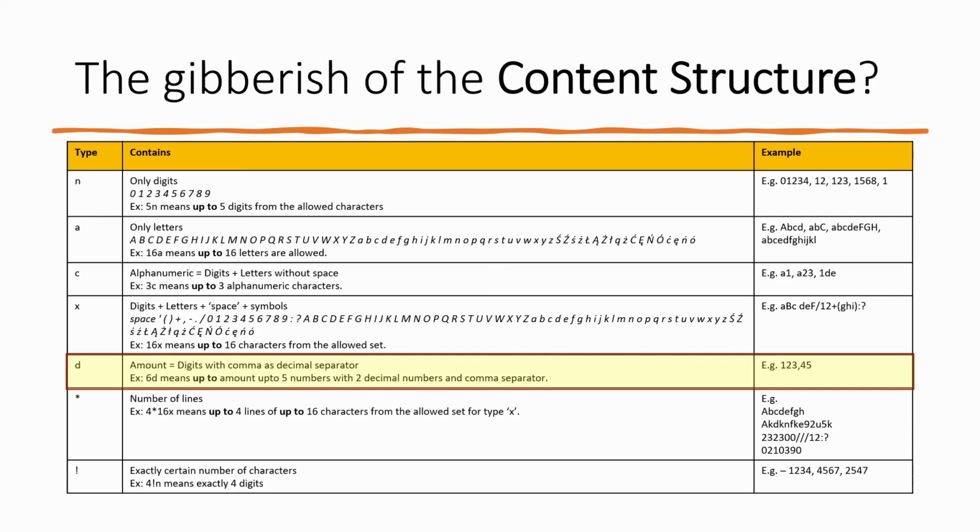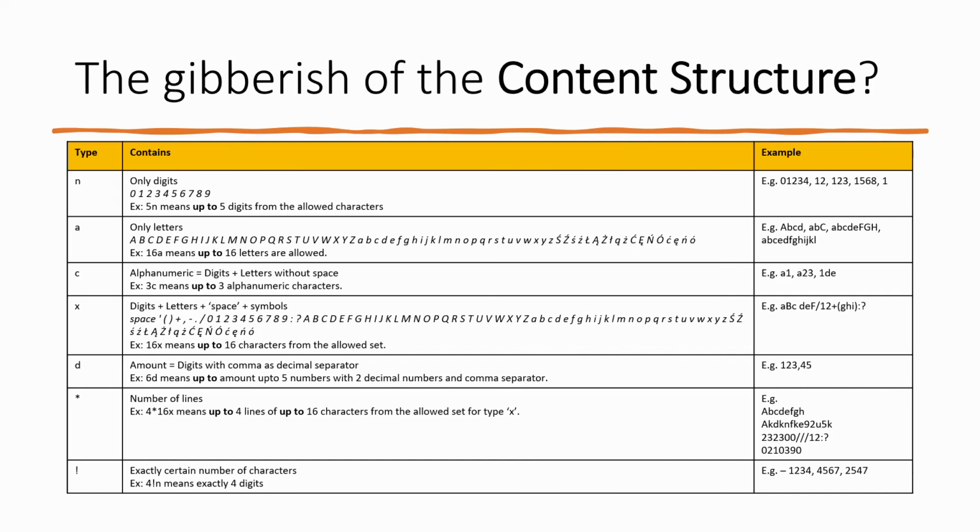After the decimal separator, it has two characters, and before the decimal separator, it can be any number of characters depending upon the content ID for that particular tag. For example, if it is mentioned as 6D, that means it allows up to a total of 6 digits, and out of the 6 digits, 2 are decimal characters and the remaining are the numbers, and the comma is used as a decimal separator. Now these are all about the alphabets in the content IDs.